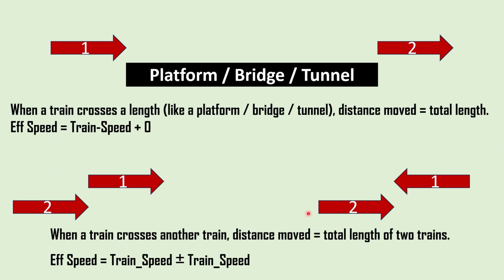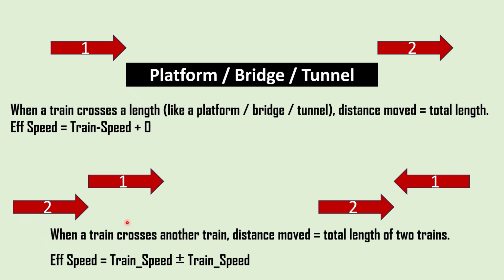But when one train crosses another, the distance moved will be the length of first train plus the length of second train, and the effective speed will be train speed plus or minus train speed. That is, either you can add or you can subtract depending on whether they are moving in the same direction or opposite direction.